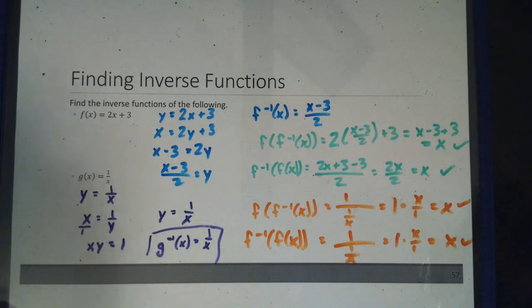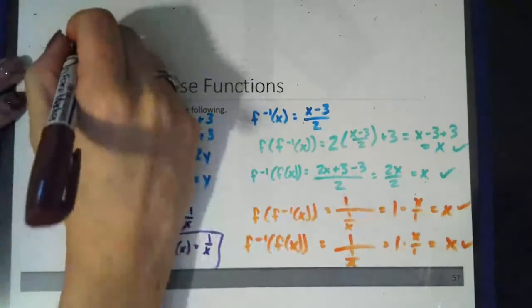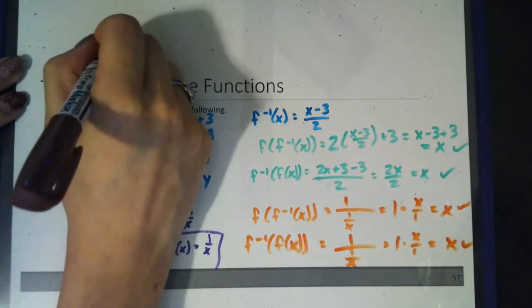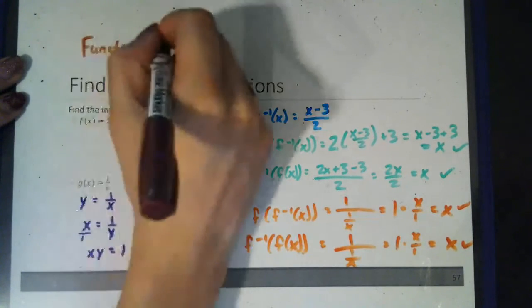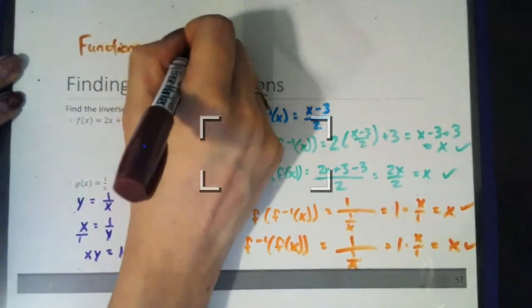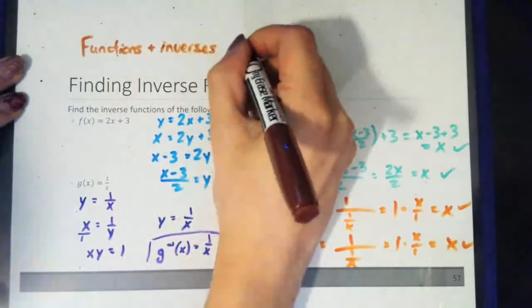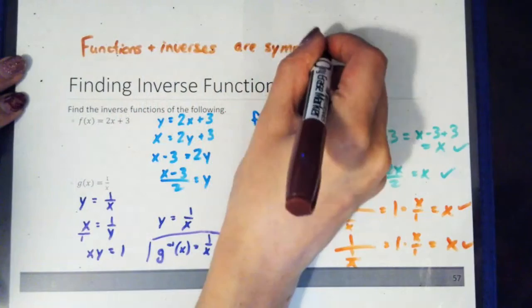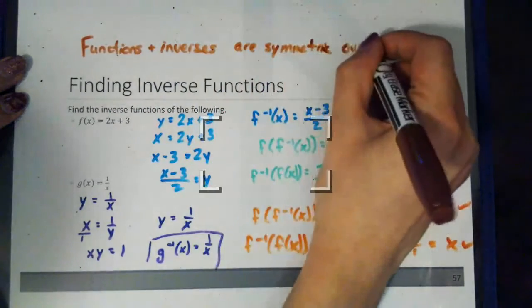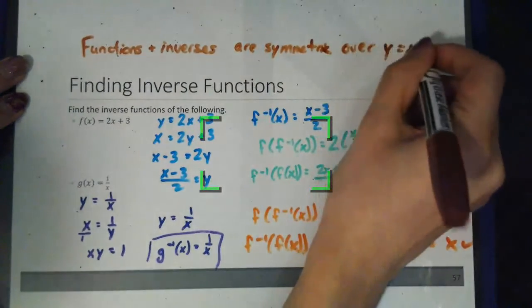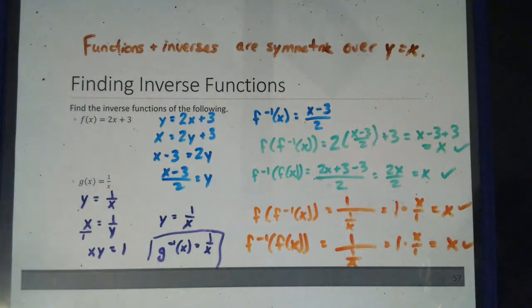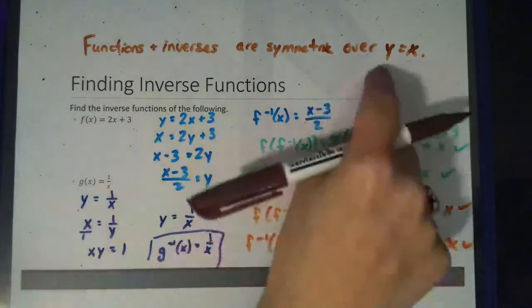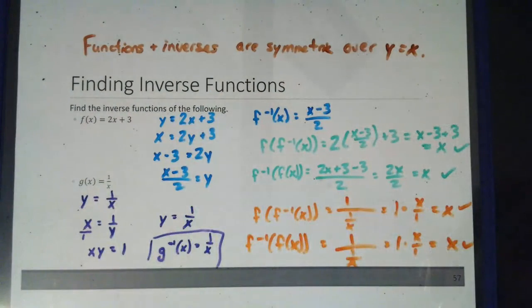One thing I do want to note that's not written in these slides anywhere is that functions and their inverses are symmetric over the line y equals x. So you know how we switch the x and the y? That gives us this.